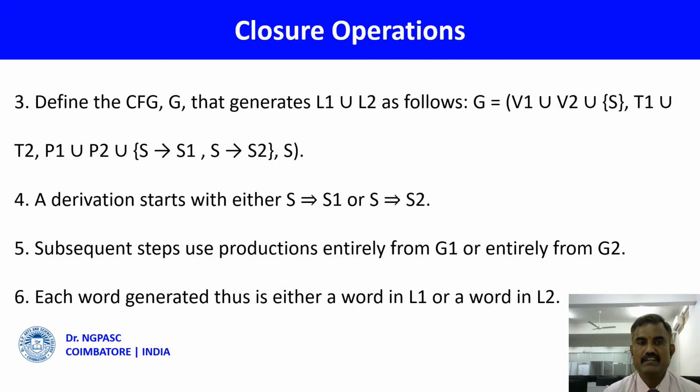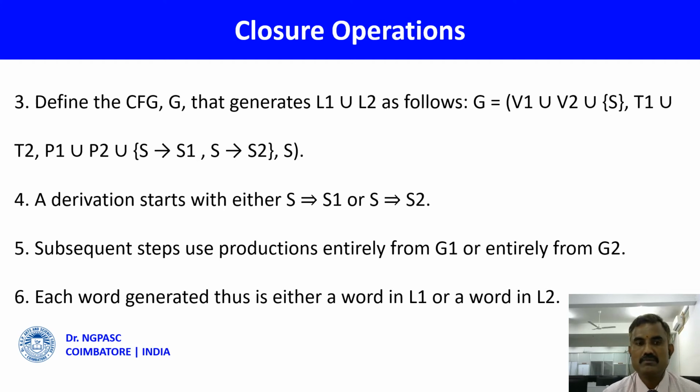Next we can define a context free grammar in terms of the above defined context free languages. We define a context free grammar for L1 union L2, and that grammar is denoted as G. So G is equal to V1 union V2 union the starting symbol S, with T equal to T1 union T2. Note that S is the starting symbol of the grammar G, and it does not belong to either V1 or V2.